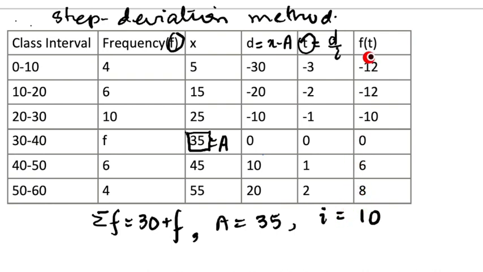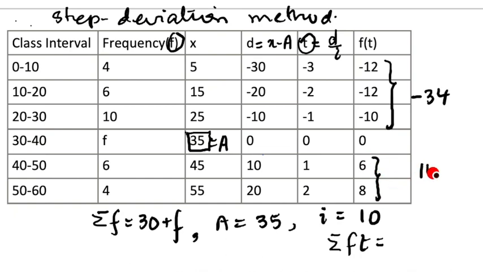Now out here, when we add this, we will get sigma ft. All the negative values will come to minus 24 and minus 10, that is minus 34. And if you take the positive values, it will be 14. So sigma ft will be minus 34 plus 14, which will be minus 20.